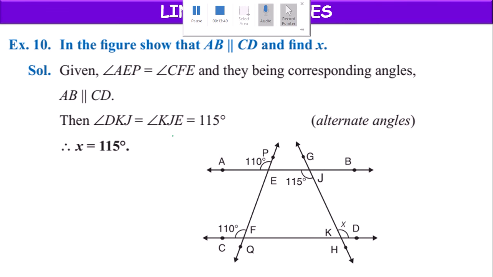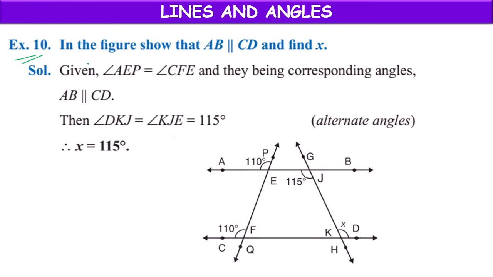Next, example 10. In the figure, show that AB is parallel to CD and find the X value. Given that angle AEP is equal to angle CFE. In the figure, they have given AB is parallel to CD.